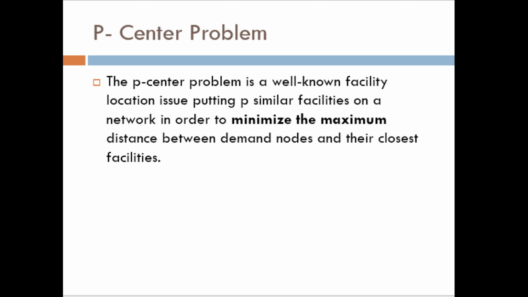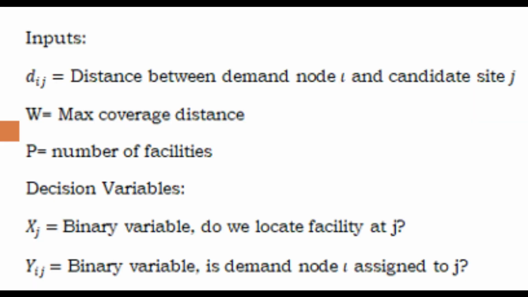So this slide shows the input and decision variables needed to formulate a linear program for the P-center problem. As you can see, we have d sub ij, which is the distance between demand node i and candidate site j, and P, the number of facilities to locate.